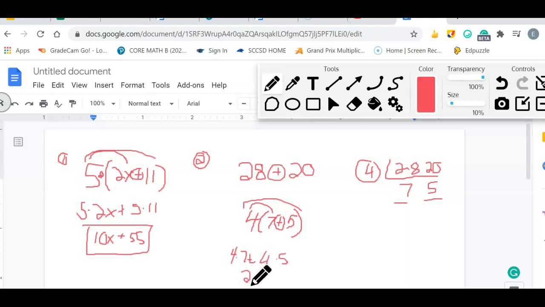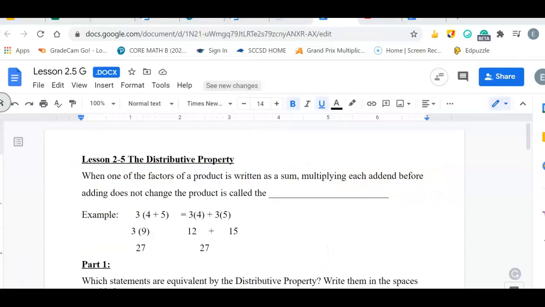That's 28 plus 20, which is the same as up here. Means we are at the correct answer. All right, hopefully you did okay with that. That is our review, and we're going to go ahead and go into the guided notes now.